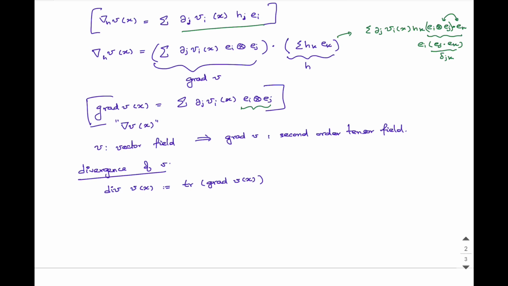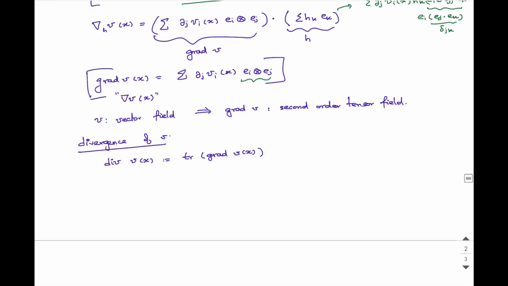So in other words, I do a contraction of the two indices i and j. In this case it yields a very simple equation. It's going to be the trace of partial_j v^i e_i tensor product e_j, but the i and j indices are contracted, so that leaves us with this quantity partial_i v^i of x. So this is at x. That's the definition of the divergence of v at x.